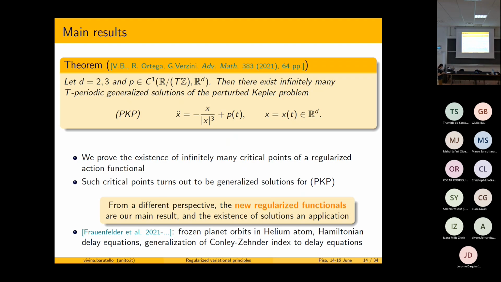So when we started this research, our aim was to obtain a result of this kind. Our aim was to find a multiplicity result for the perturbed Kepler problem, and this is what we have done.